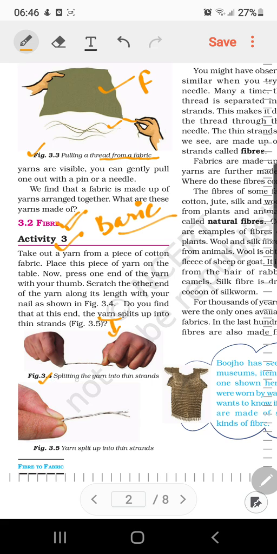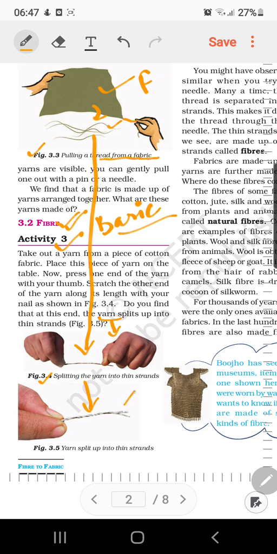By performing the activity, in figure number 3.4 you can see they have taken a simple thread which they have pulled out from the fabric. They have pressed one end of this yarn with the finger, and from the other end they are putting pressure and scratching the end so as to separate the different fibers through which this yarn is made up.